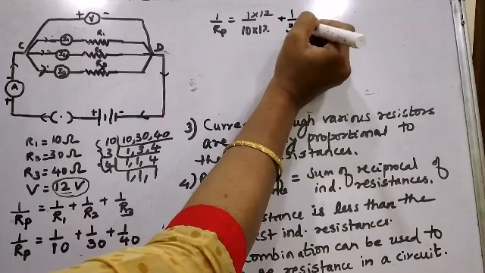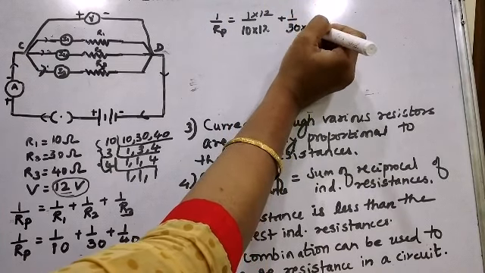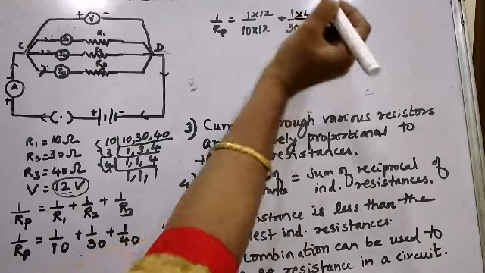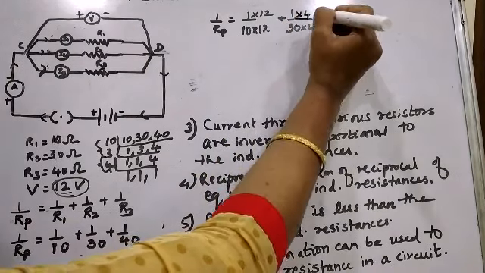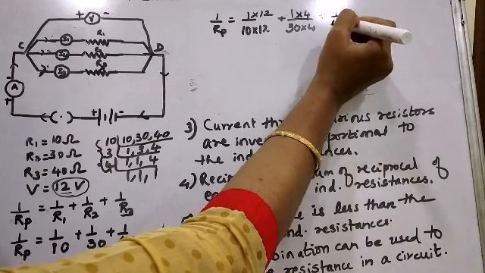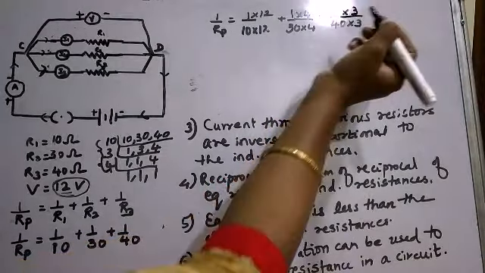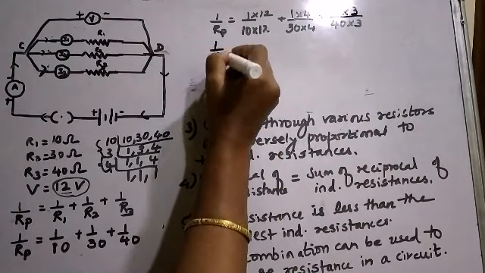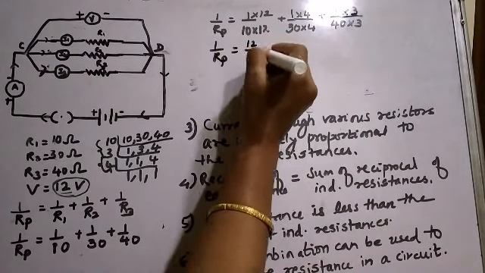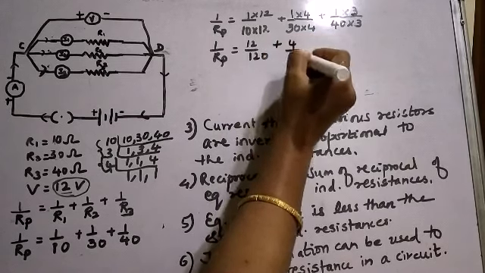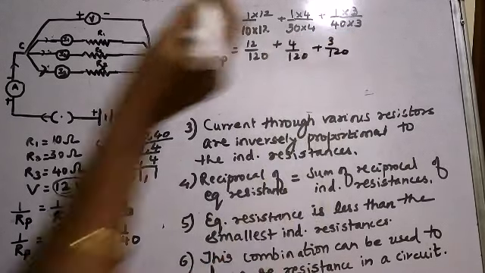Now in order to get 120 here, I need to multiply by 4. 30 fours are 120. So I will multiply the numerator also by 4, plus 1 by 40. If I want to get 120 in the denominator, I multiply by 3. So the numerator also will be multiplied by 3. So 1 upon Rp will be equal to 12 upon 120 plus 4 upon 120 plus 3 upon 120.